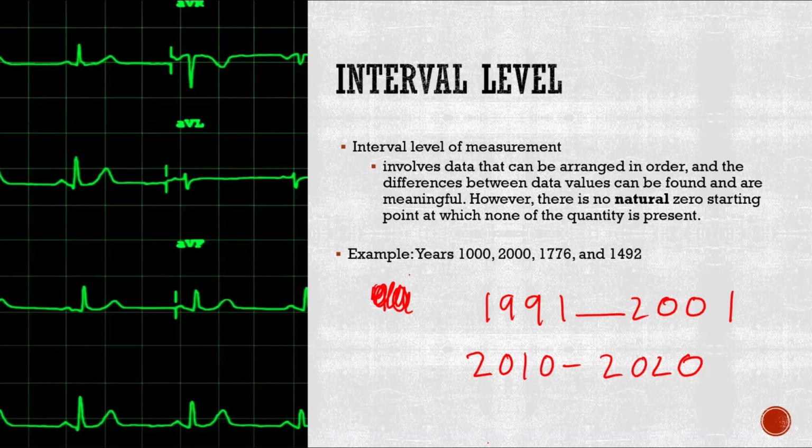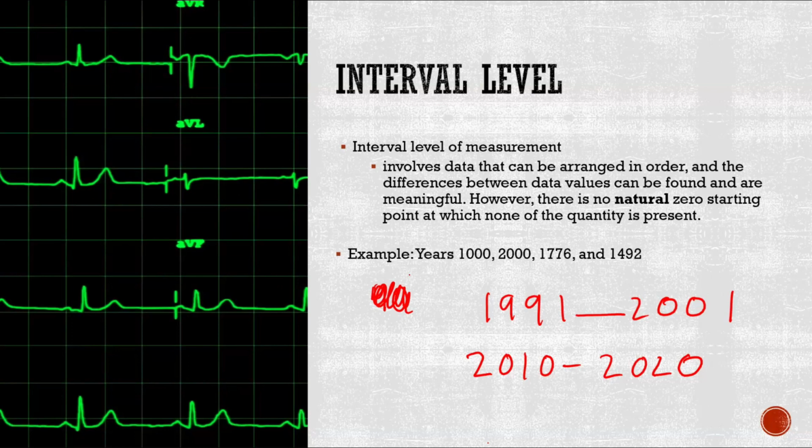Another example is temperature. 10 degrees warmer than one thing is 10 degrees warmer. That's a specific amount. But if you're in Celsius, we choose the freezing point of water to be 0. Fahrenheit has a completely different 0, because when we're talking about temperature, the 0 is arbitrary.